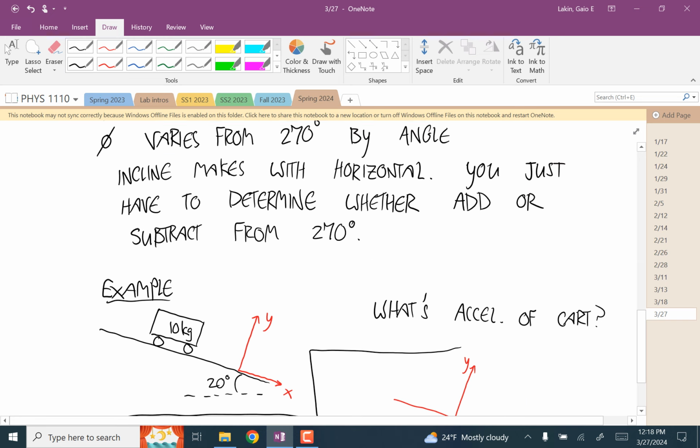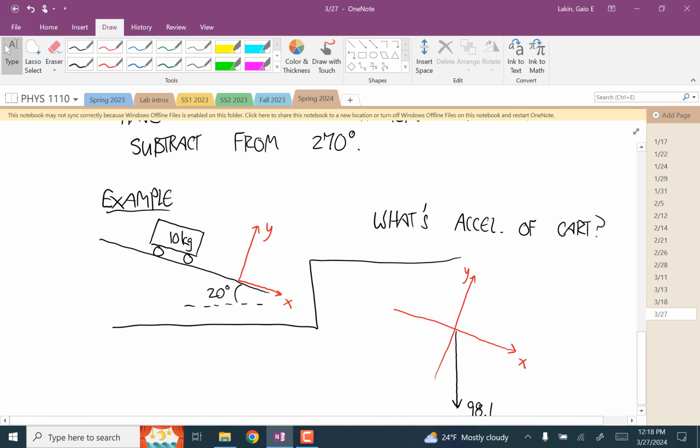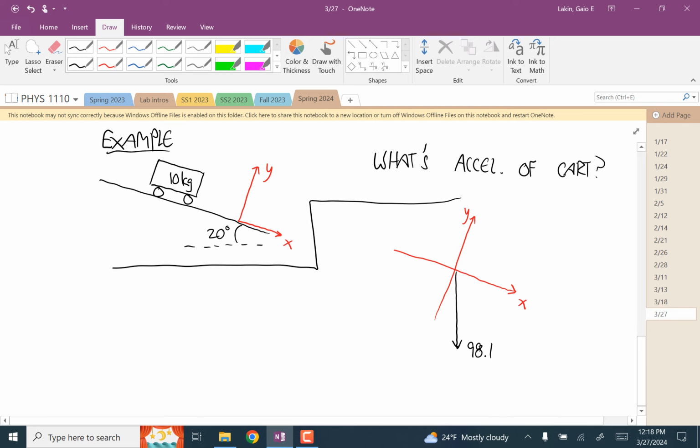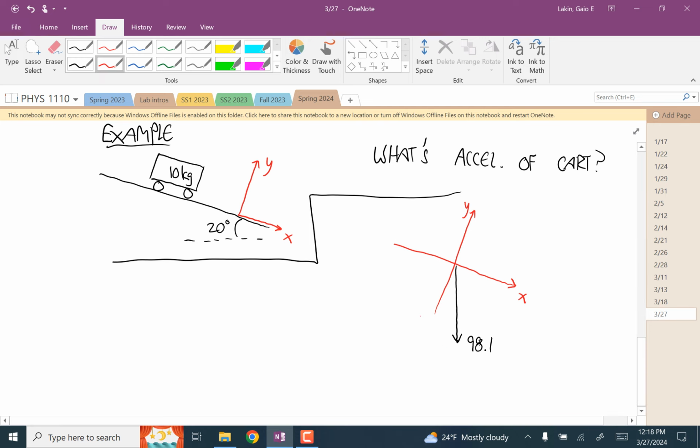And this thing that I said to notice, this thing you need to remember, is that however much this weight force deviates from the 270 degree line is the angle that the incline makes with the horizontal.